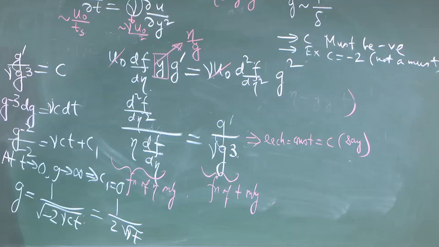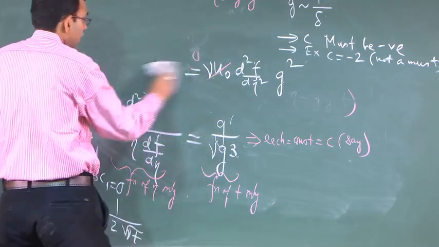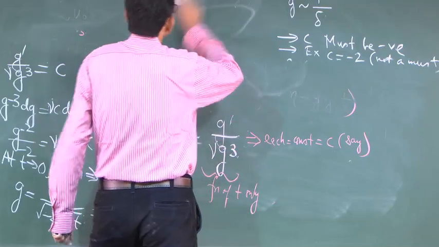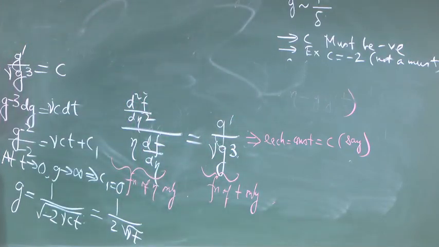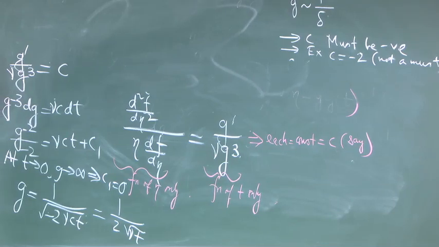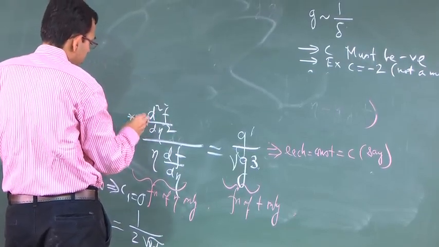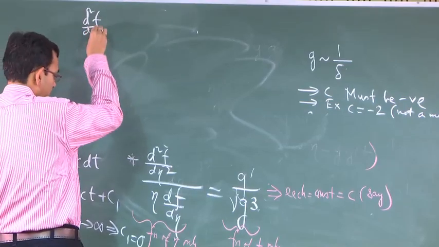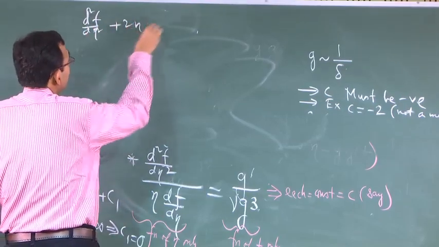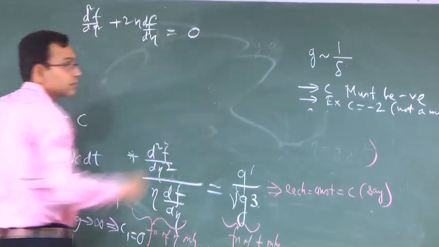So, if you take c equal to minus 2, then from this equation you will get d2f d eta 2 plus 2 eta df d eta is equal to 0.